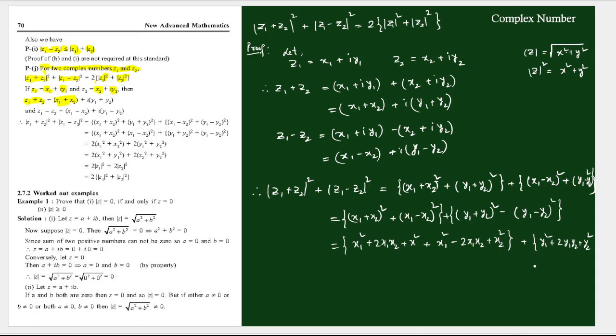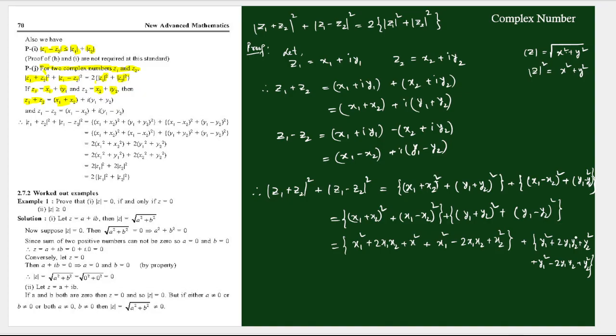Then you have your minus the, not minus, this is plus only. Here also y1 square minus 2y1y2 plus y2 square.